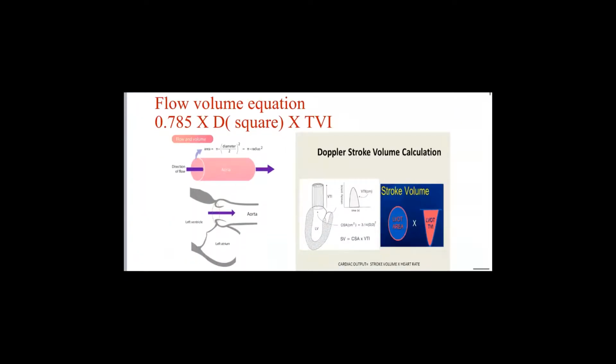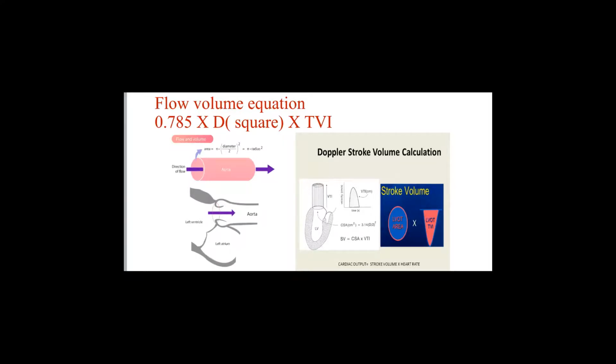Now we come to the third equation, which is the volume equation. How can I calculate the volume at any particular point or chamber of the heart? The volume is three-dimensional. When you say cubic centimeter, which is ml, you need three dimensions for calculation of the volume.